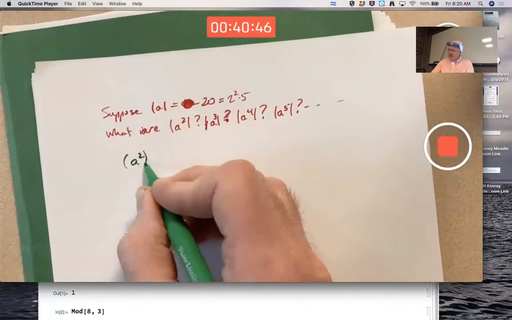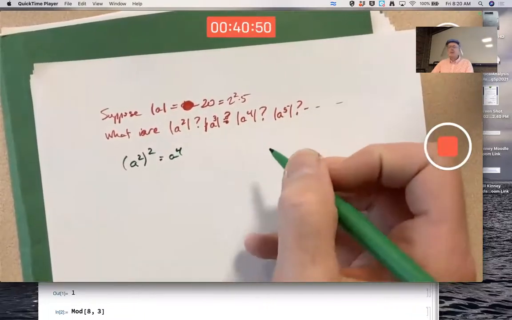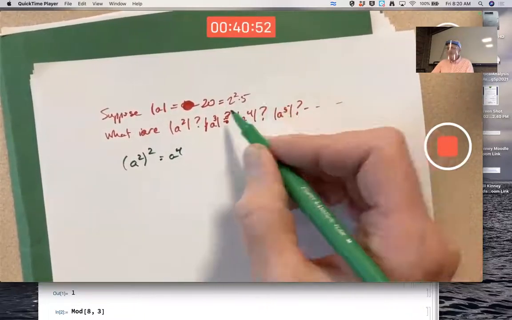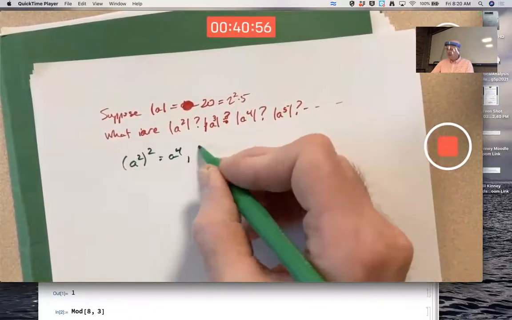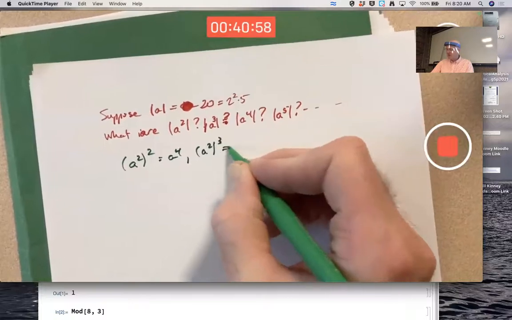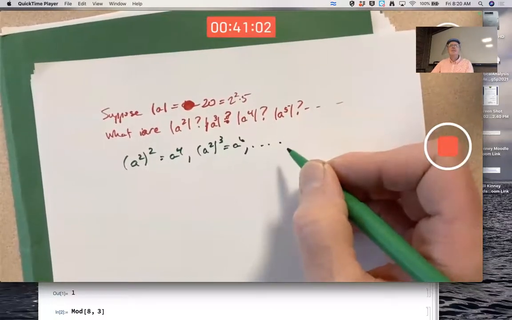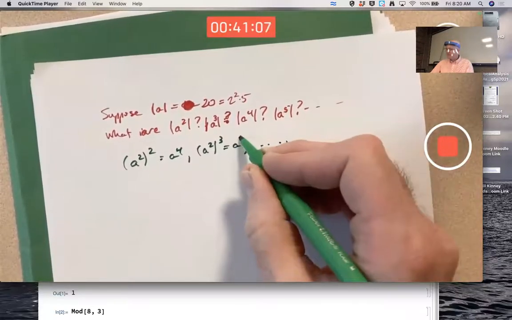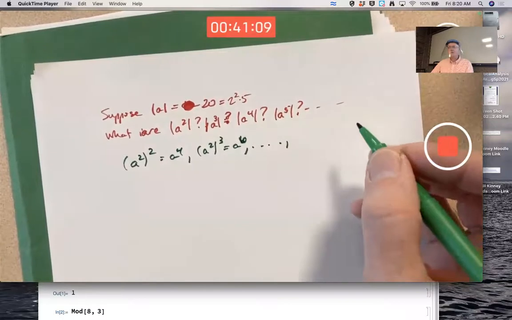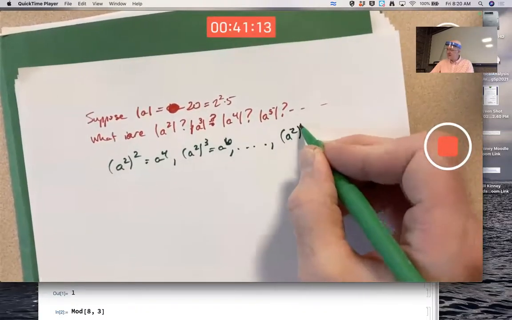A squared squared is a to the 4th, which is not yet the identity since the order of a is 20. A squared cubed is a to the 6th, etc. The first time you get back to the identity is when it simplifies to a to the 20th, which will happen when you raise a squared to the 10th power.